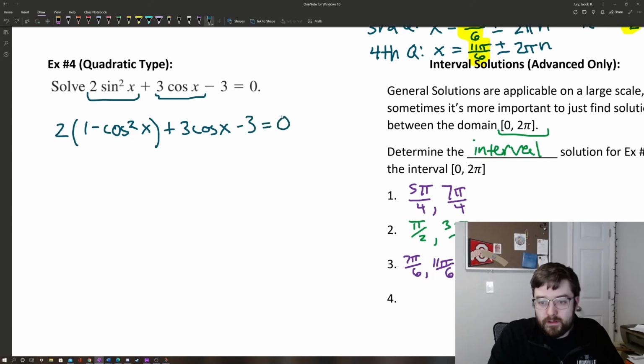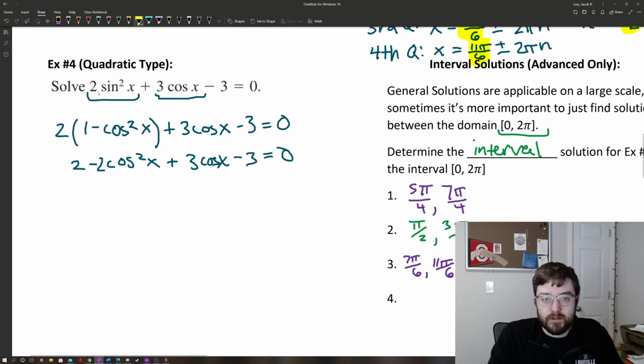We do have a little bit more to go to change it back into a usable trinomial, so let's actually do that. So we'll just distribute this, and I almost distributed incorrectly. 2 minus 2 cosine squared x plus 3 cosine x minus 3 equals 0. All right, cool.